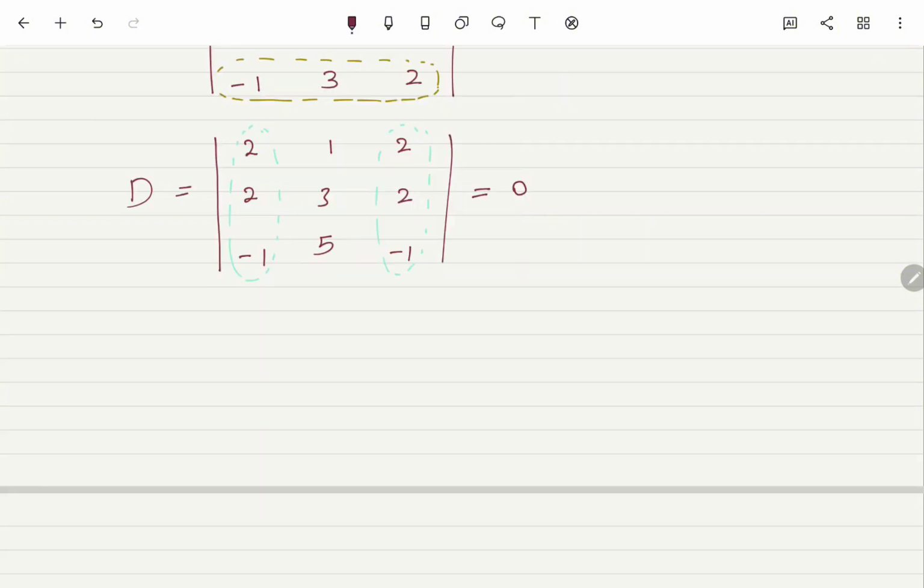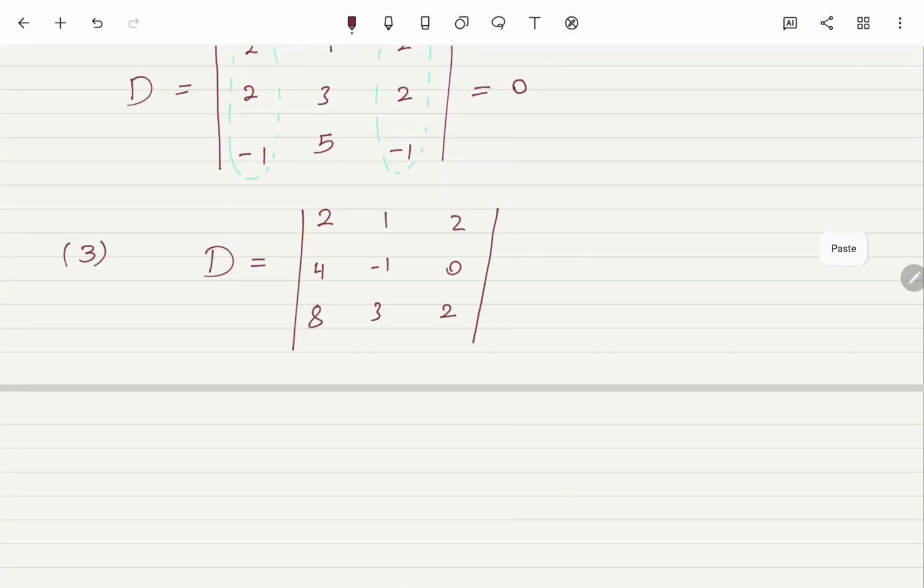Now the third property of determinants, if a row or column is multiplied by a certain factor, then the value of the determinant is multiplied by the same factor. Example, we can see that the first column, this one right here, is actually multiplied by 2.